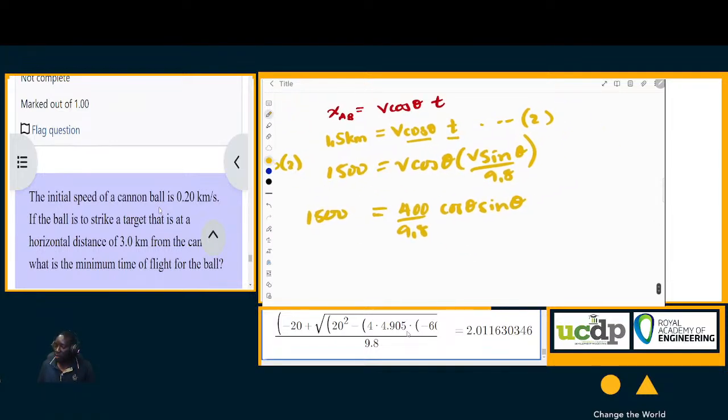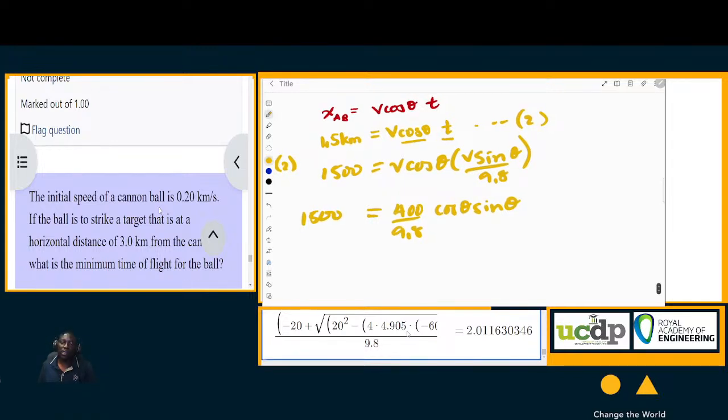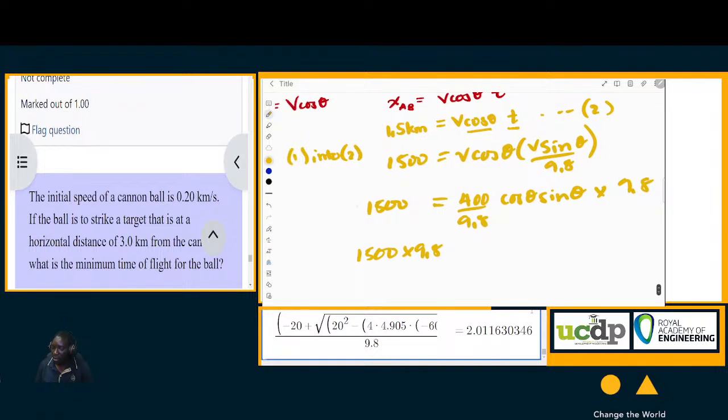Okay, but 2 sin theta cos theta, is there an identity for it? It should be sin 2 theta, right? Yes, the sin 2x formula. So we multiply 1500 by 9.8 on this side and by 9.8 on that side, and remove it on that side.